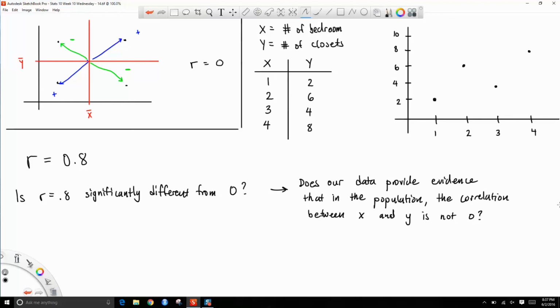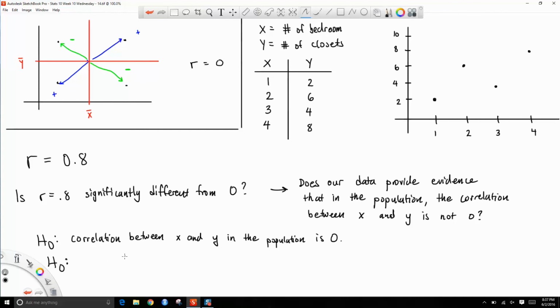The null hypothesis is that the correlation between x and y in the population is 0. Symbolically, we would write that the correlation in the population is equal to 0.